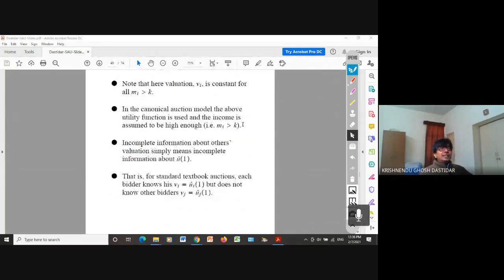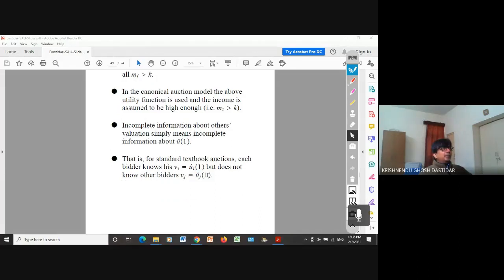So as in this quasi-linear model, if all incomes are more than K, we are back to this canonical thing. So in the standard textbook auction, each bidder knows his Vi equal to u hat i, but does not know other bidders' Vj. Now let's take some other examples.